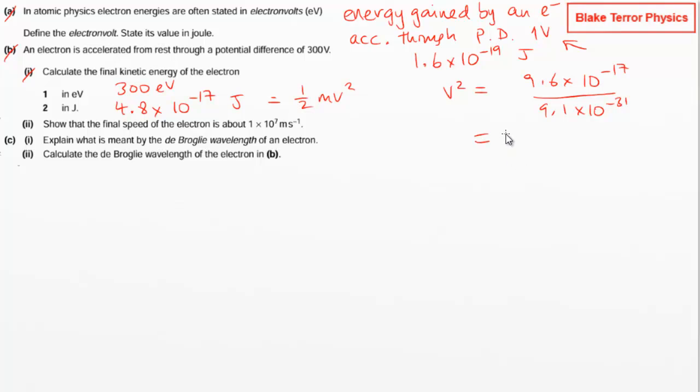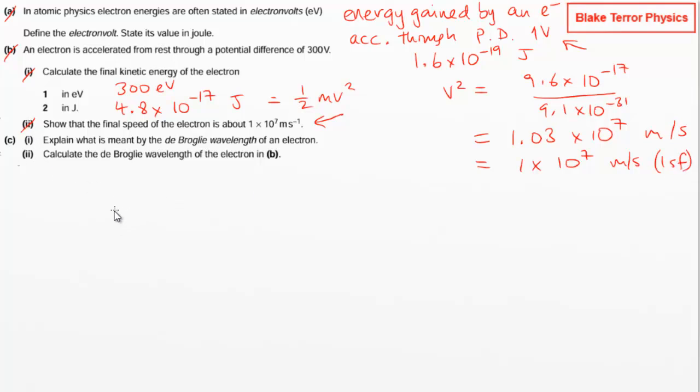It comes out a little bit over 10 to the 7: 1.03 times 10 to the 7 meters per second. They've only given us one significant figure, so we'll say 1 times 10 to the 7 meters per second, to one significant figure.